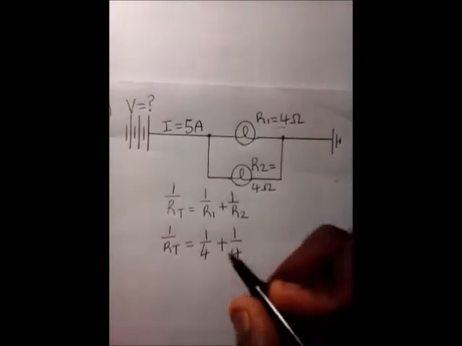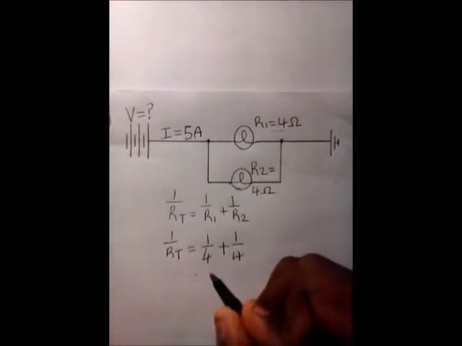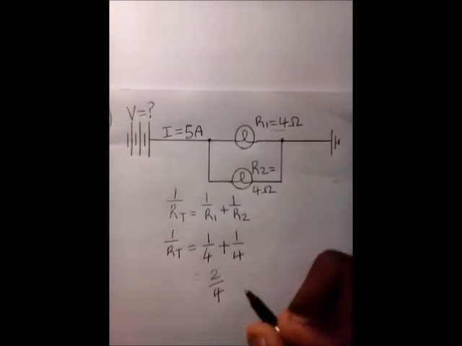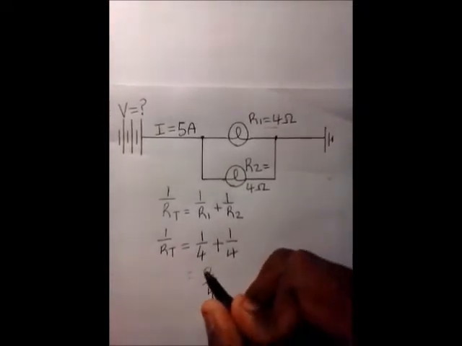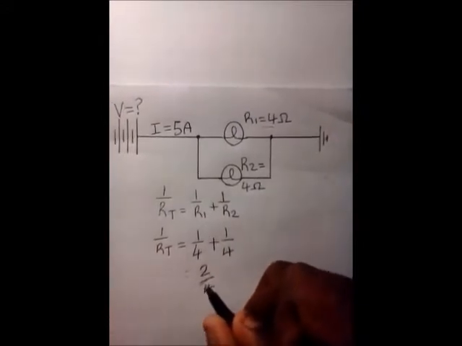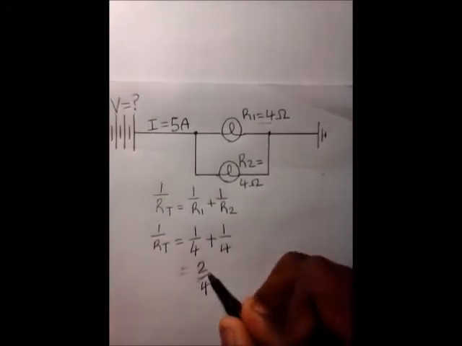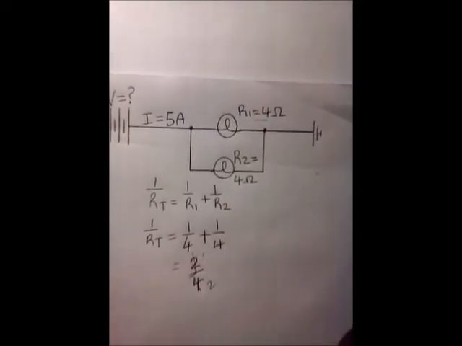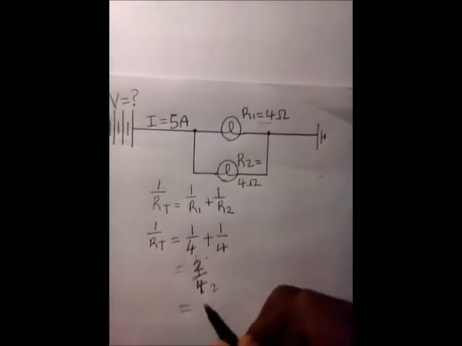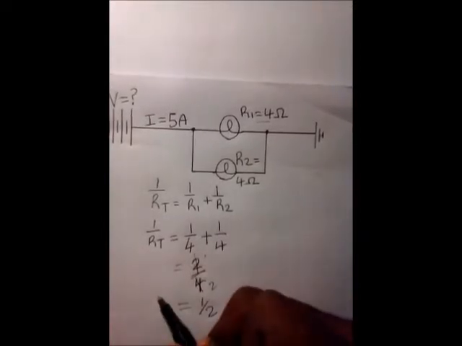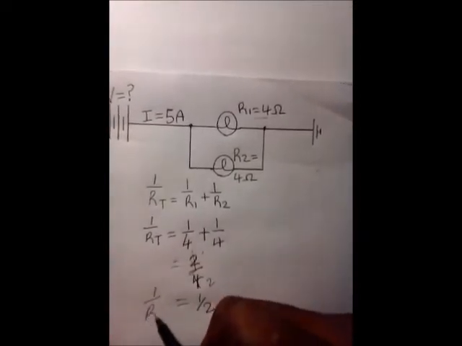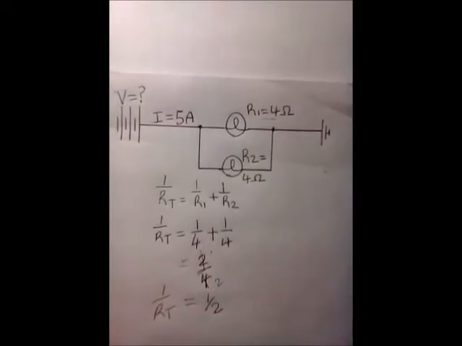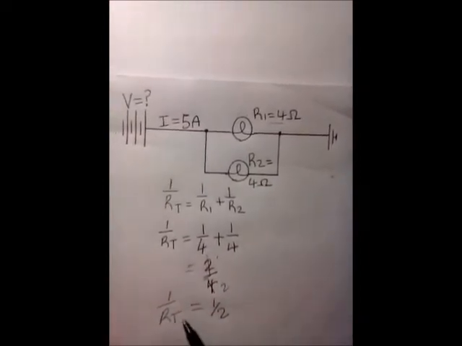This gives us, I'm not going to show you how to do this simple math, 2 over 4. And this can be cancelled down to 1 over 2, guys. So 1 over RT gives us a half. But it's still not done.